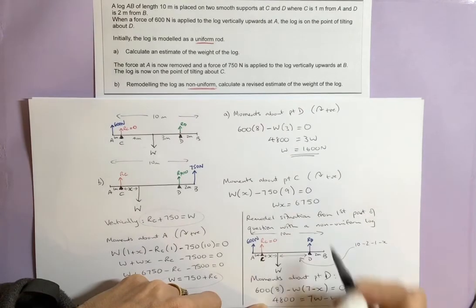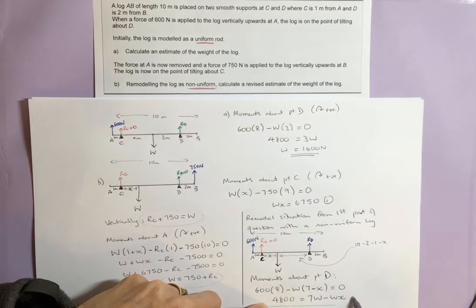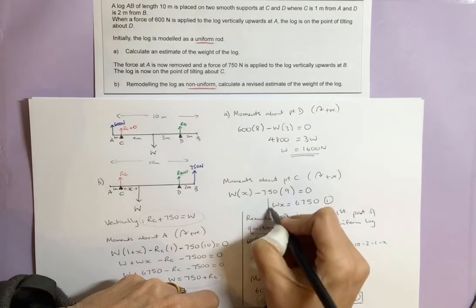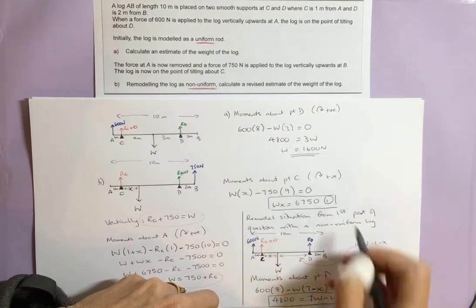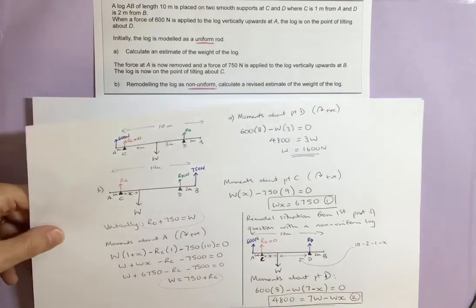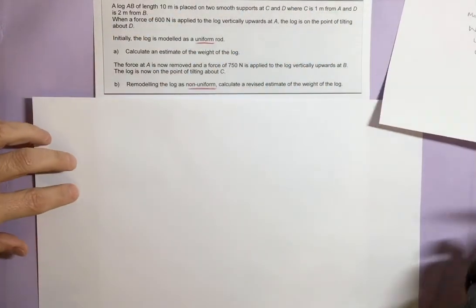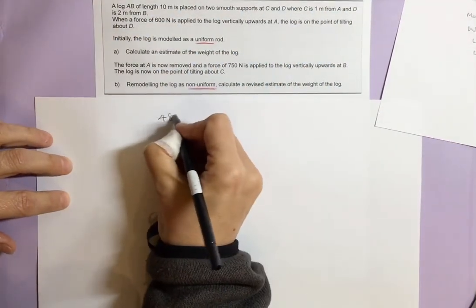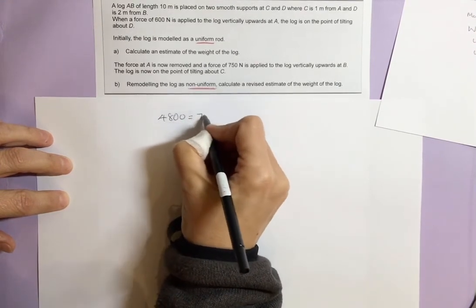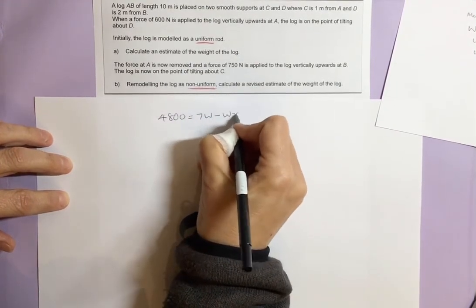And now I've got two equations that I can use because now I've got two equations in the same two unknowns with W and X. So I'm just going to get a new piece of paper, having a look at those. So we've got 4,800 equals 7W minus WX.